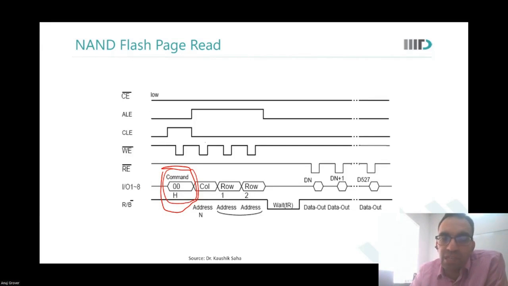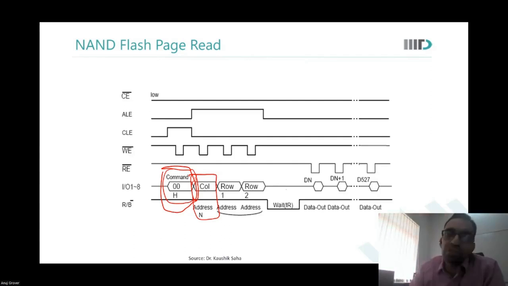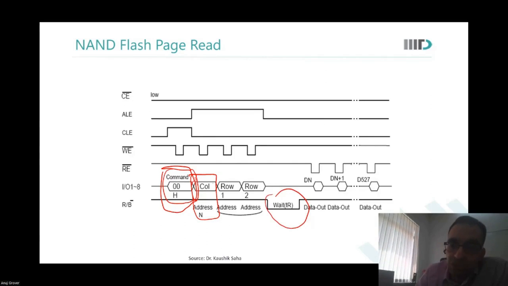When the address latch comes, you start to latch the address of the column and then, in a subsequent cycle, of the row. And then you wait for data to be transferred for this column and for this row. And you do a data out. Is this clear?